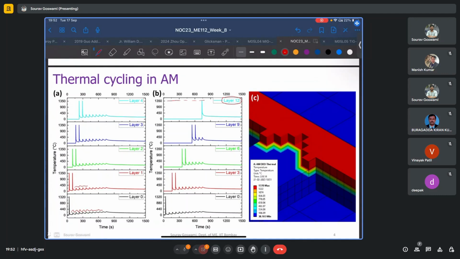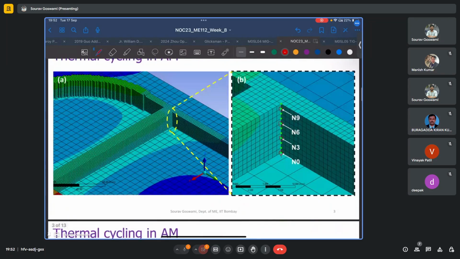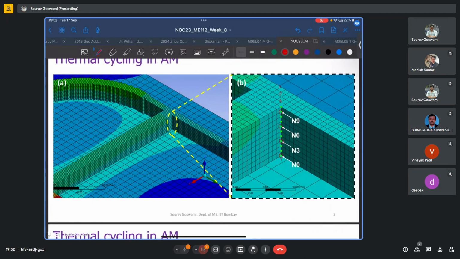So in fact, it was 1370. And this single spike corresponds to the time when the energy source passed over the 12th node. So we kept on building on top of this. So N12 would have been somewhere here.